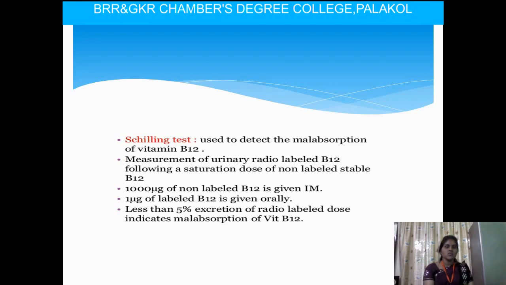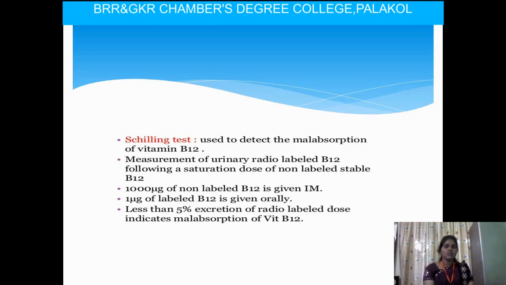Next one is the Schilling test. Here we can assess malabsorption of vitamin B12. It is used for the measurement of urinary radiolabeled B12, following a saturation dose of non-labeled stable B12.